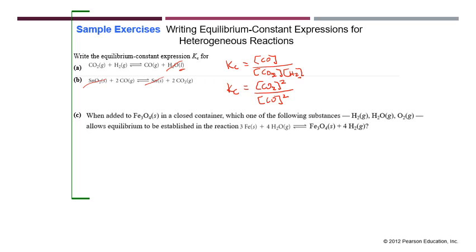So at this point, if I'm only adding the Fe3O4 as a solid, notice that is my product in this reaction. If I were to add either H2O or the Fe as a solid, nothing would occur, because in order for a reaction to take place, the Fe3O4 must react with the H2. So the only substance that would allow the equilibrium to become established would be the H2.